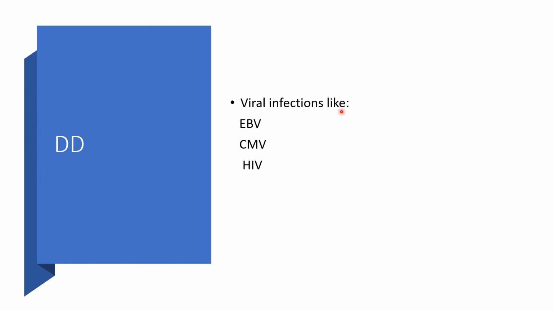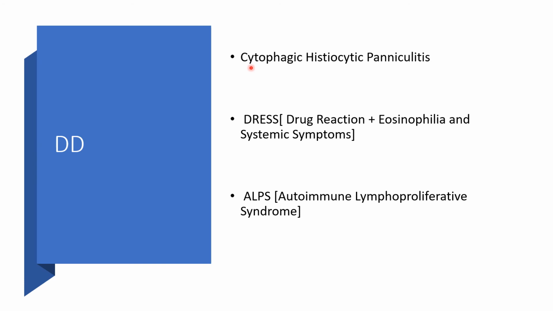Might be viral infections with Epstein-Barr virus, or cytomegalovirus, or human immunodeficiency virus. The differential diagnosis could include cytophagic histiocytic panniculitis. Might be DRESS, I'm not saying you should go and get clothes and dress up, that is drug reaction with eosinophilia and systemic symptoms.